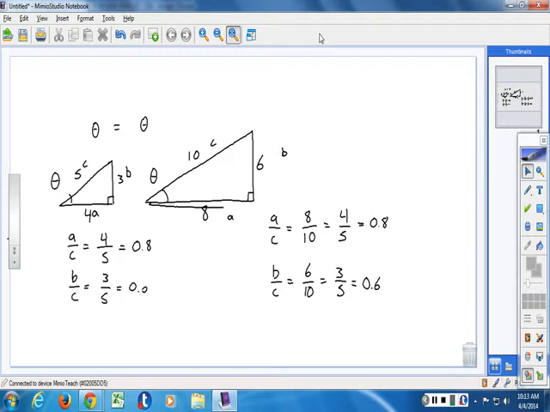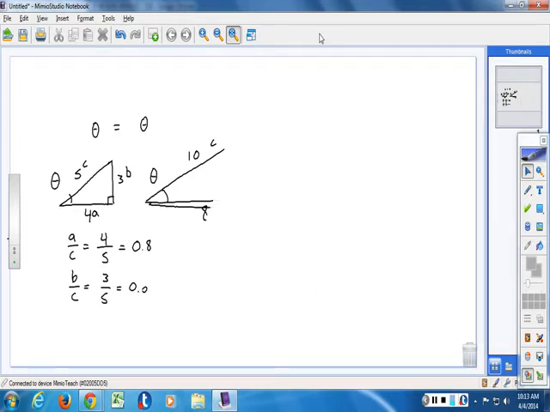So from that, we arrive at this list of names. And this list of names starts with sine.